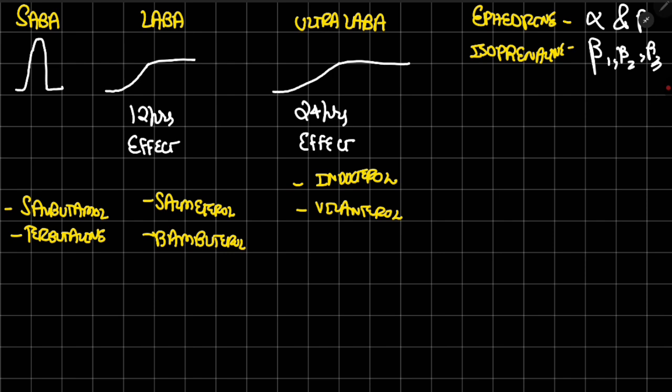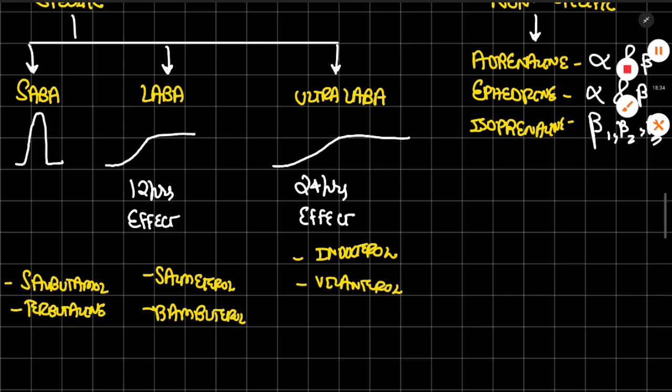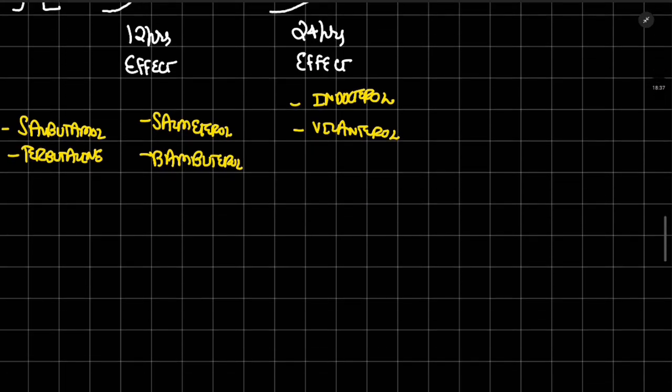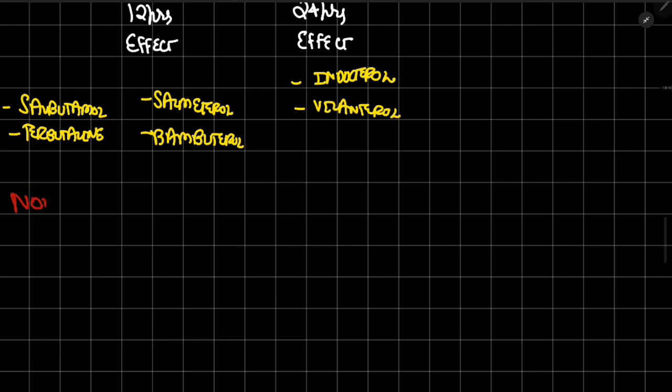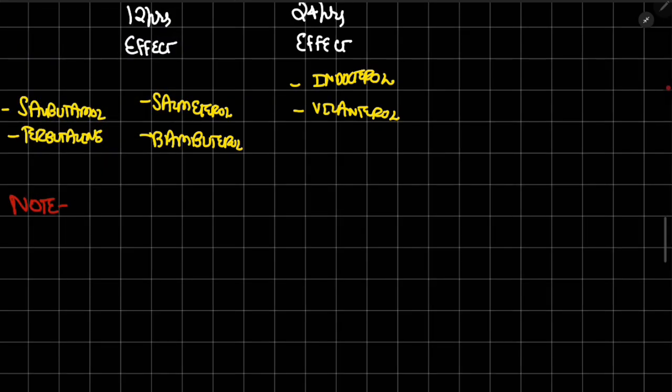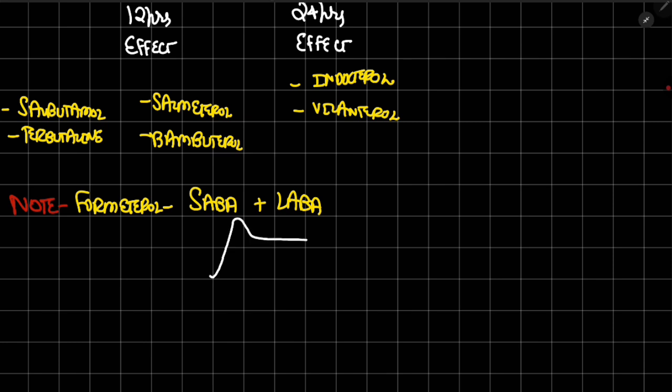Now we have one special drug, formoterol. Note formoterol. It is a SABA plus LABA. So the graph will be that it is faster in onset and its duration of action is more, because it is a SABA and a LABA, formoterol.